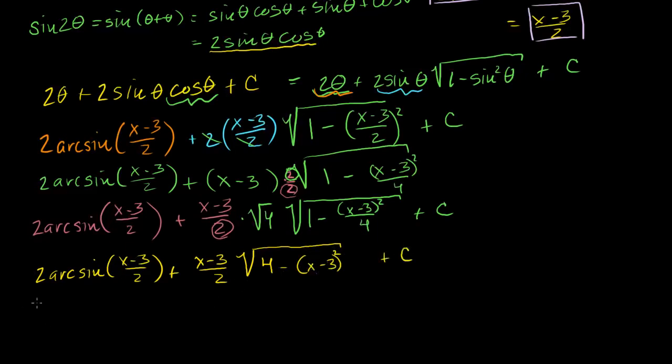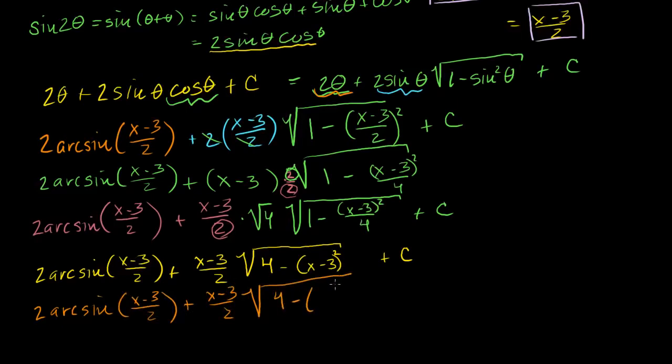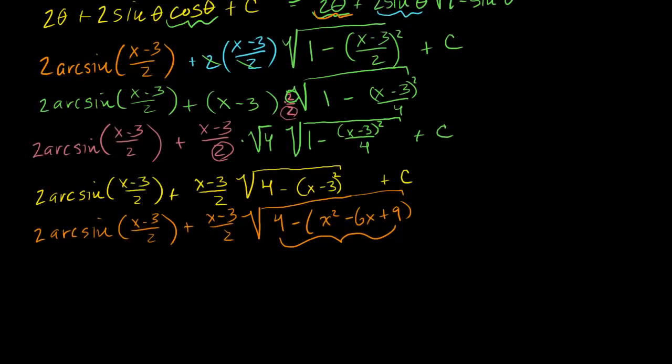This is equal to 2 times the arc sine of x minus 3 over 2 plus x minus 3 over 2 times the radical of 4 minus, let's expand this, x squared minus 6x plus 9. And then this expression right here simplifies to 6x minus x squared, and then you have a 4 minus 9, minus 5, which was our original antiderivative. So finally, we're at the very end.